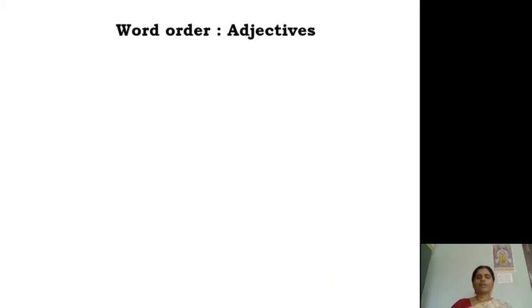Now, if we get more than one adjective which refers to the same noun in a sentence, then what is the order that we have to follow?